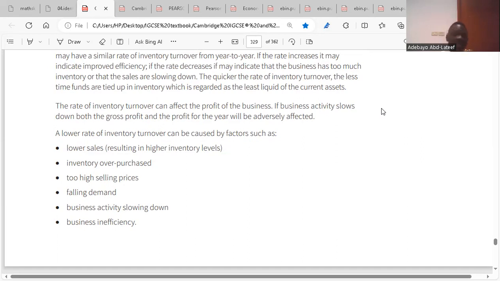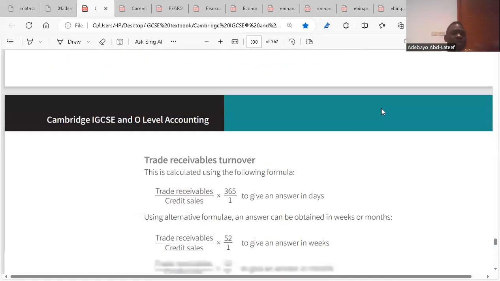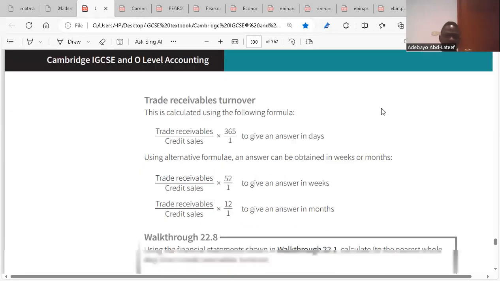If your revenue is less, low sales, it will affect it. If business activity is going slowly, maybe economic activity is poor, it will affect your rate of turnover too. Business inefficiency: if you are not doing well as a business, if you are careless as a business, it will affect your sales. So that's about that.